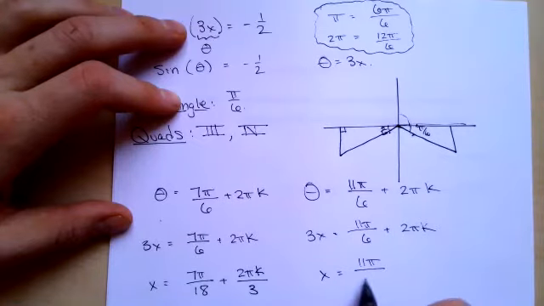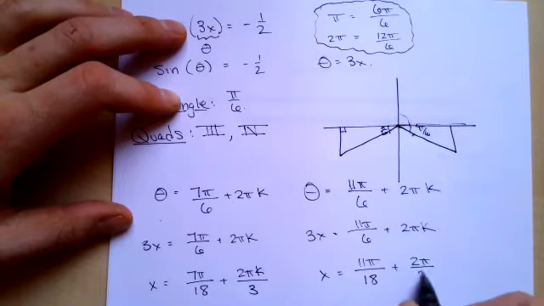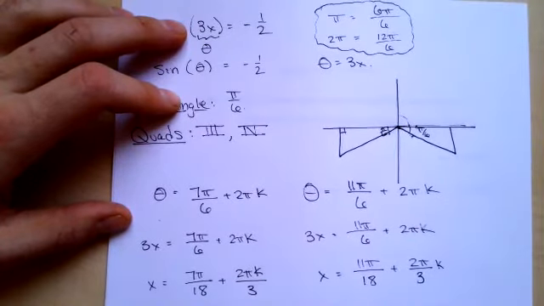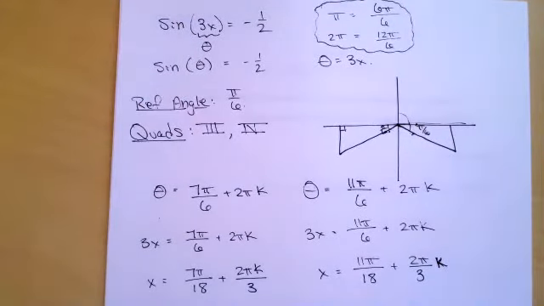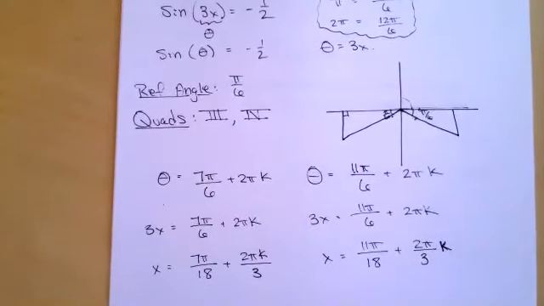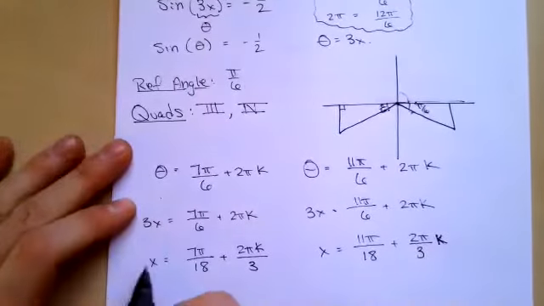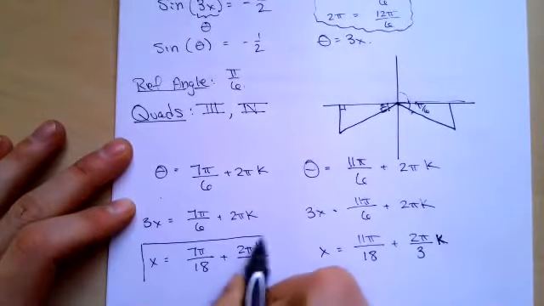So we'll have 11 pi over 18 plus, you can write it as 2 pi over 3 times k, if you want to keep the k outside of the fraction. It's all multiplication, so it's all the same. So if that's all the problem said, to find the general solution, to find all the solutions, that's all we would need. This would be our answers.